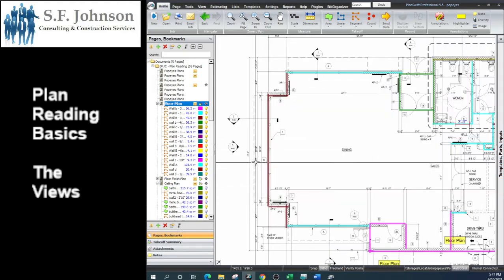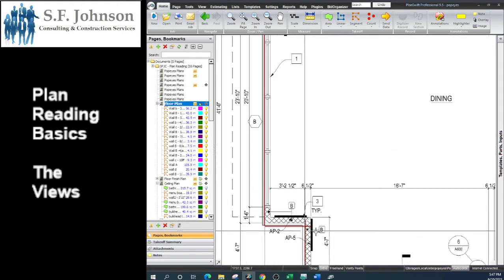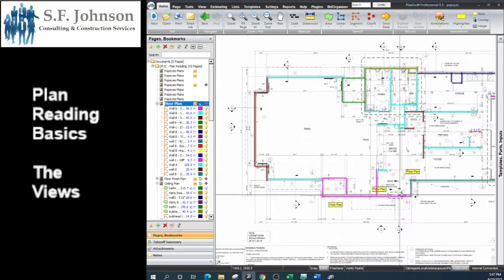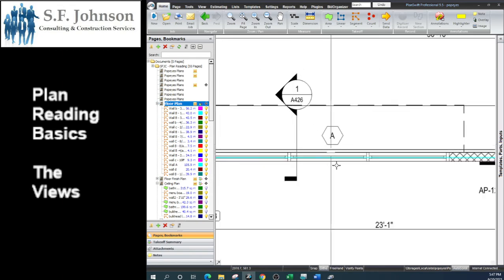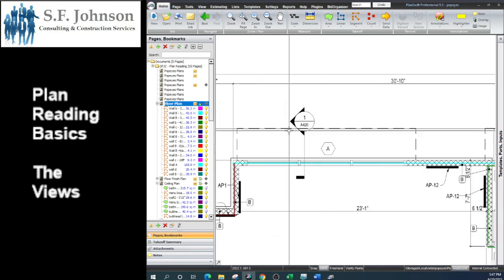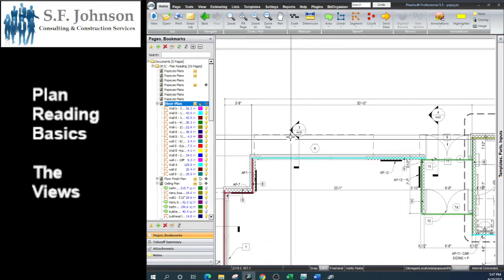They're even marked, so we know that this is wall B. Pretty much that's all we can do from a plan view, because again we have the same problem: we don't know the height of the wall. So in order to see the height of the wall, we go to the second of the views, which is the section view. The section view gives us the vertical view of any section where it's intersecting.